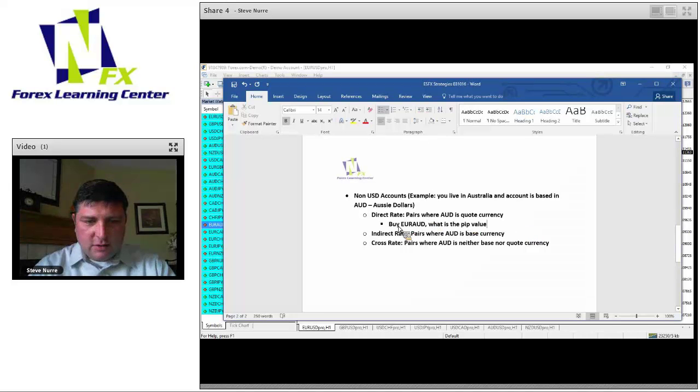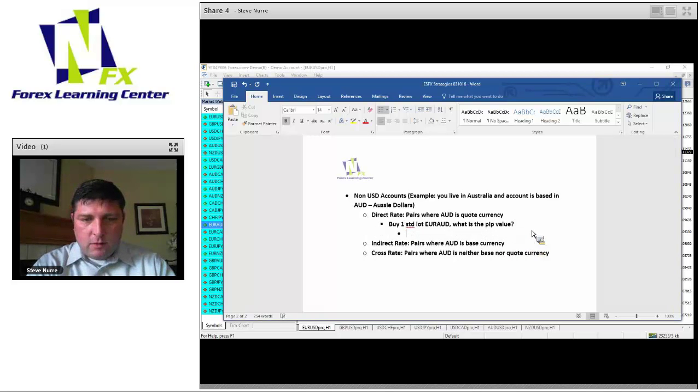Let's just deal in standard lots. Well, lot size times tick size: trading 100,000 times 0.0001. So it would be 10 AUD per pip on the Euro-Aussie pair.